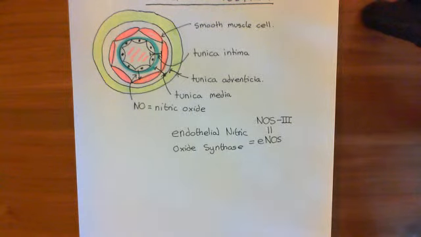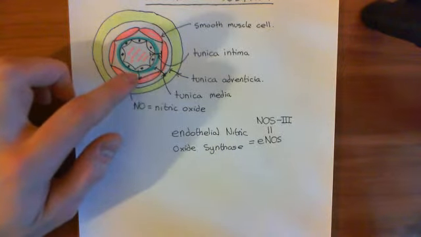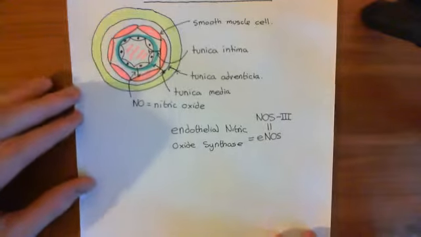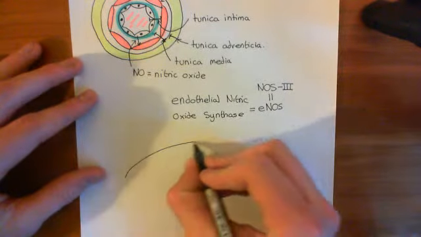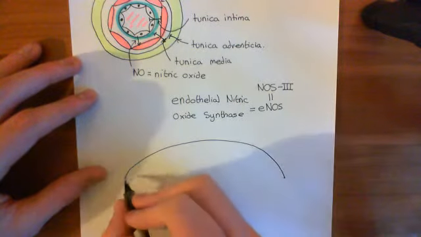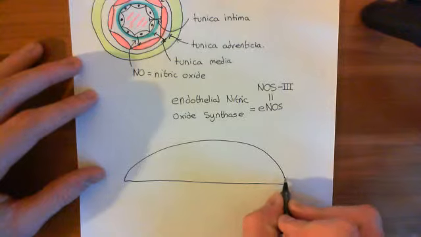Now, this enzyme is anchored basically to the membrane of the endothelial cell. So what you find is that if we draw an endothelial cell here, it's basically positioned in the membrane of the endothelial cell.